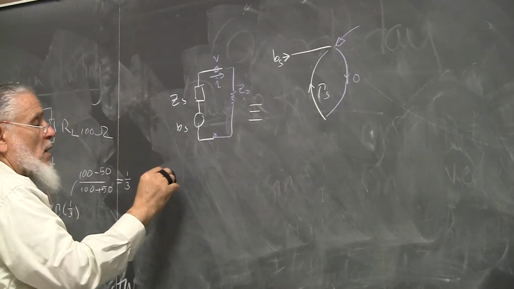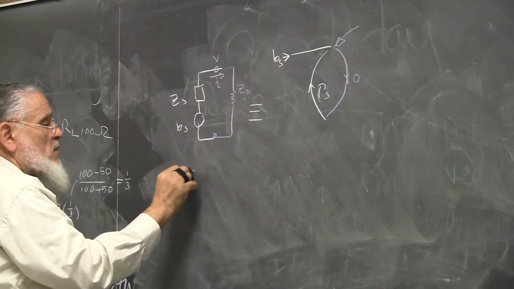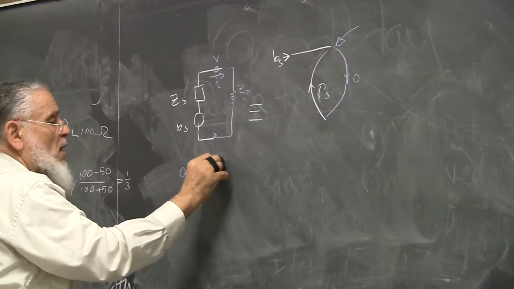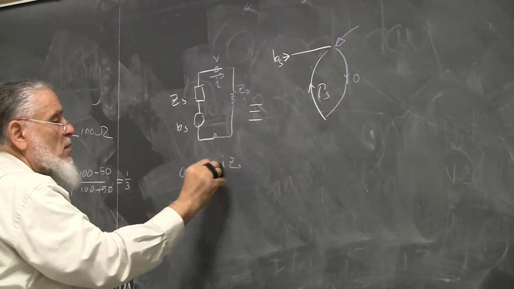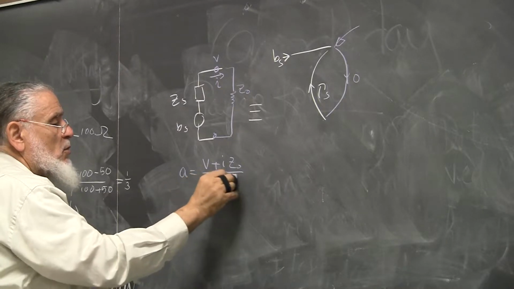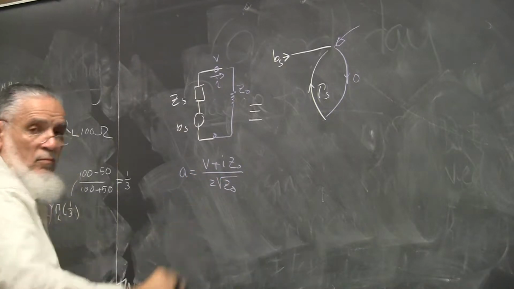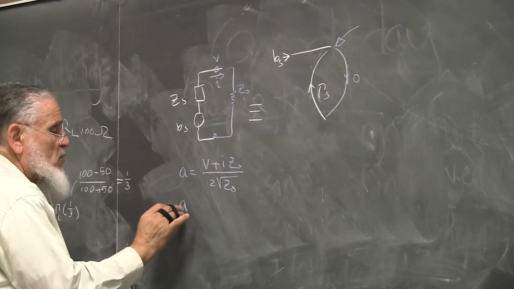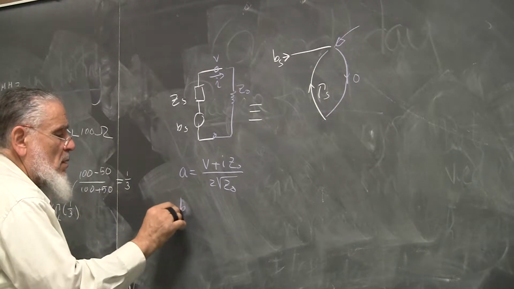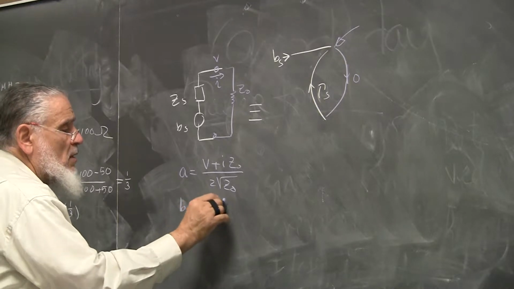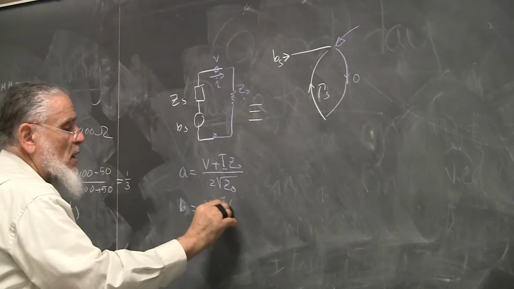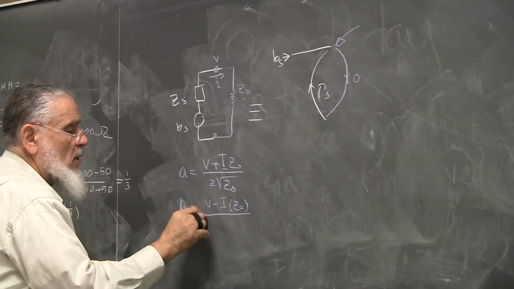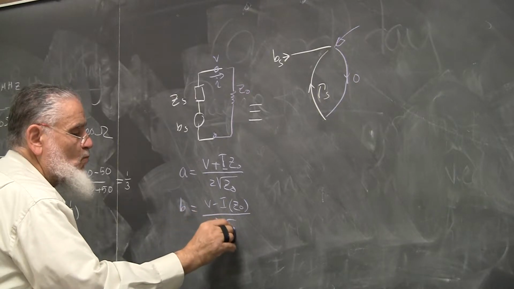Well, we know the relationship between A and B. A is equal to what? V plus I times Z0 divided by 2 square root of Z0, right? And B is V minus I Z0 divided by 2 square root of Z0.